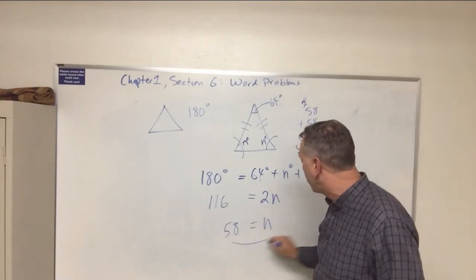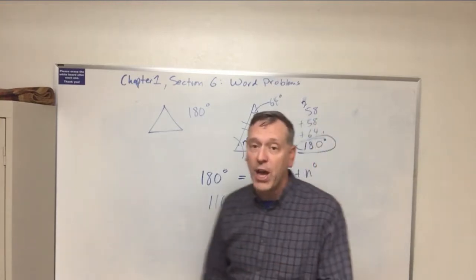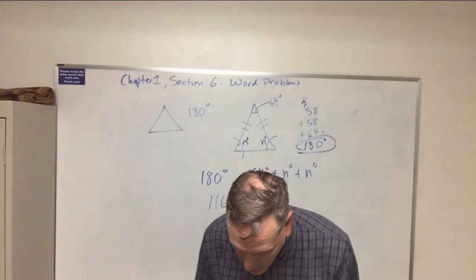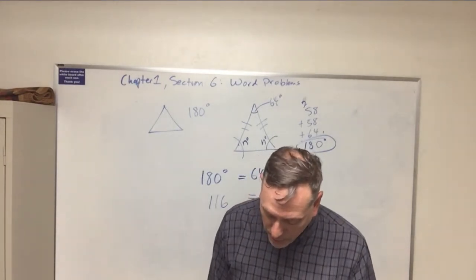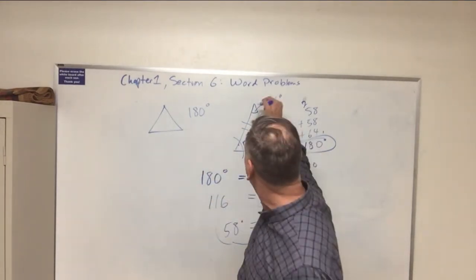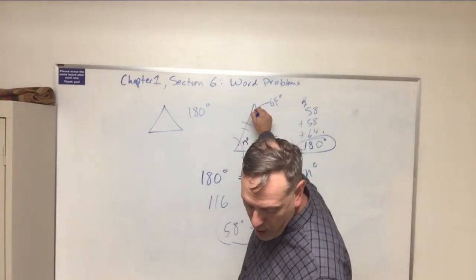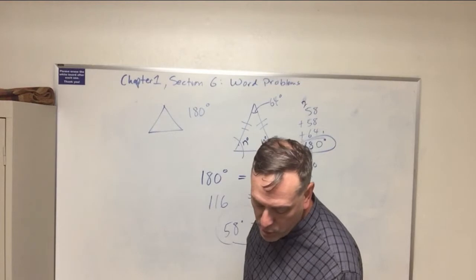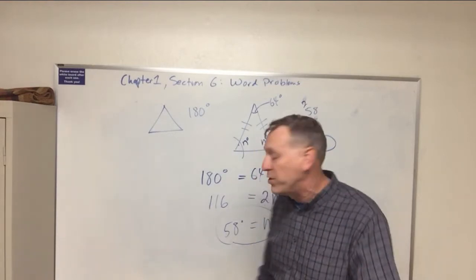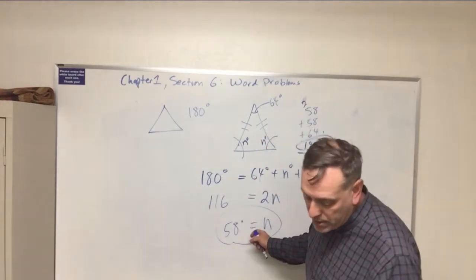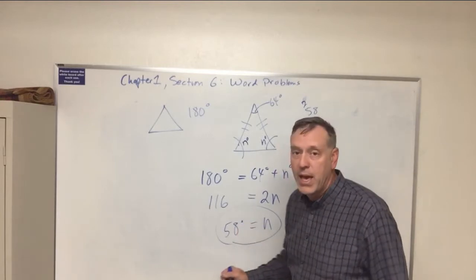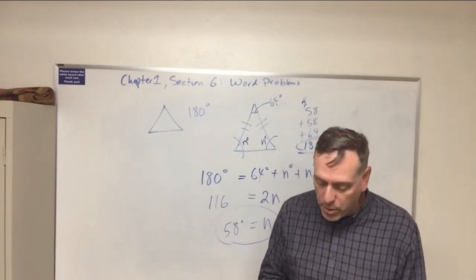So those two angles are 58 degrees. Now let me go back and check to make sure that's what we're being asked. The question is if the vertex angle of the isosceles triangle is 64 degrees, then find the measure of each base angle. So we have solved it. The measure of each base angle is 58 degrees, and that's how that particular problem is done.